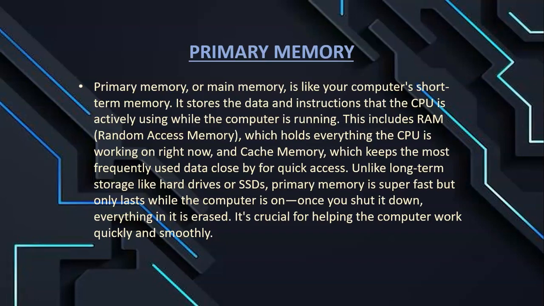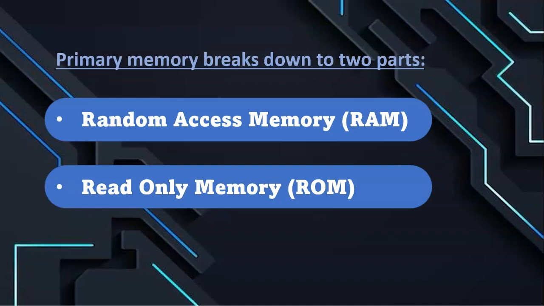Unlike long-term storage like hard drives or SSDs, primary memory is super fast but only lasts while the computer is on. Once you shut it down, everything is erased. It's crucial for helping the computer work quickly and smoothly. Primary memory breaks down into two parts: random access memory, or RAM, and read-only memory, which is called ROM.